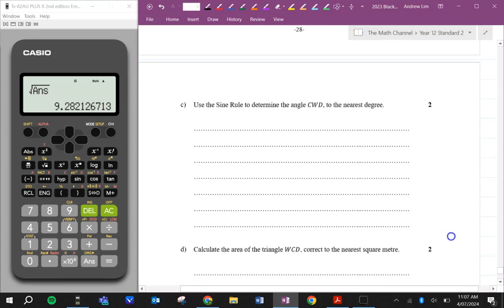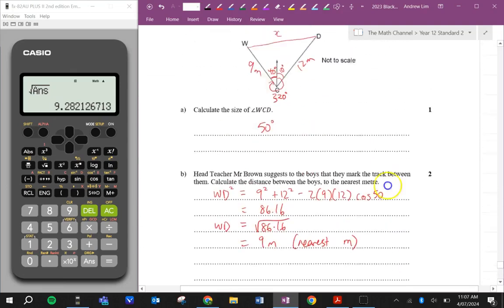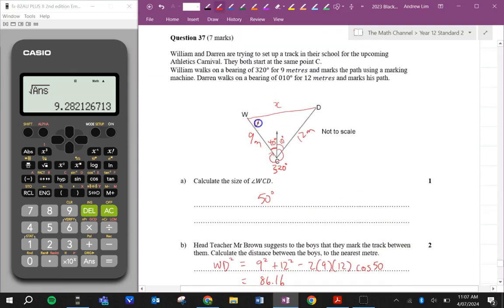Use the sine rule to determine the angle CWD to the nearest degree. CWD is over here, so we're going to use the sine rule. This matches the 12 with the 50 degrees matching the value we just found. I might just use the 9 since they asked us to calculate it to the nearest meter.